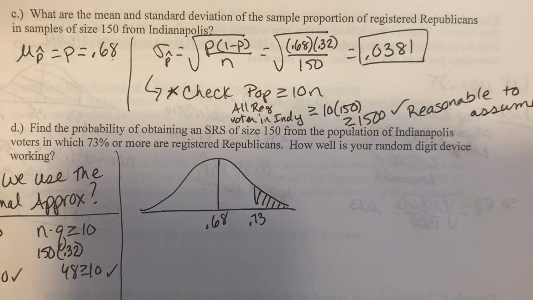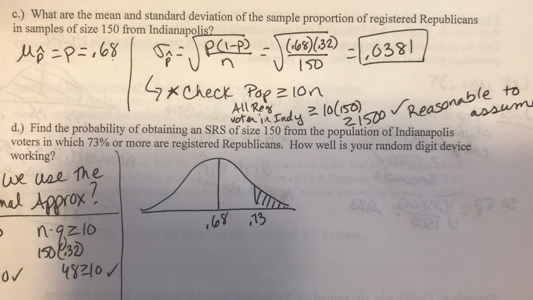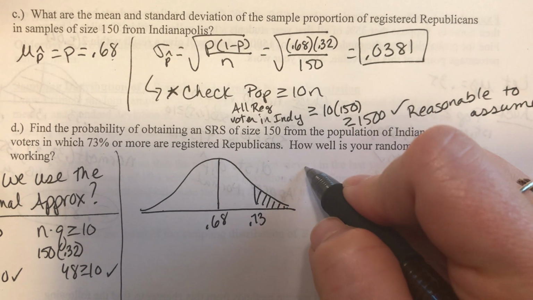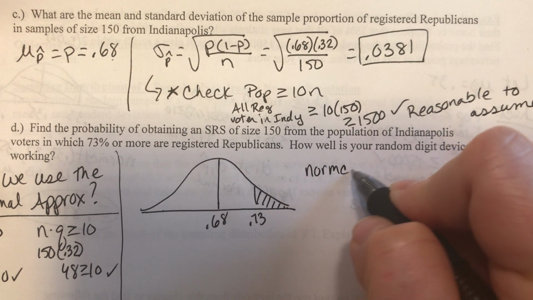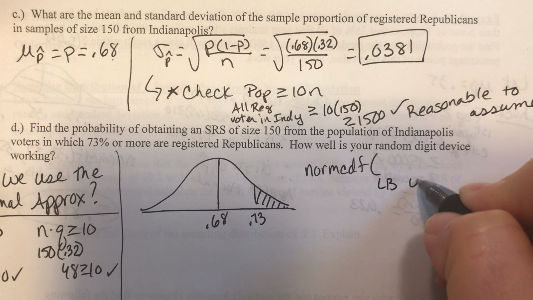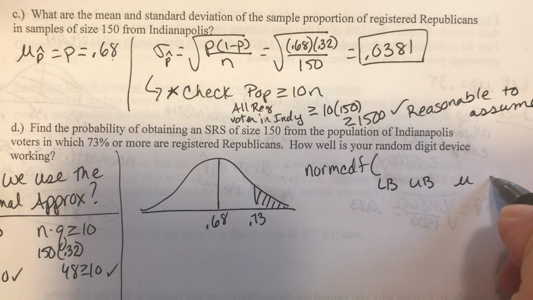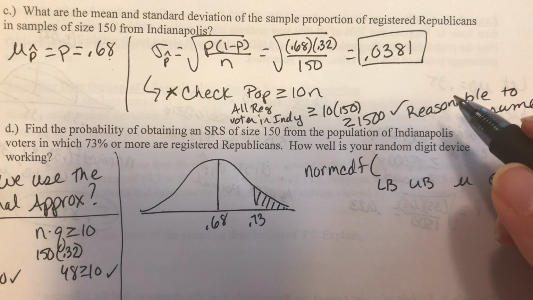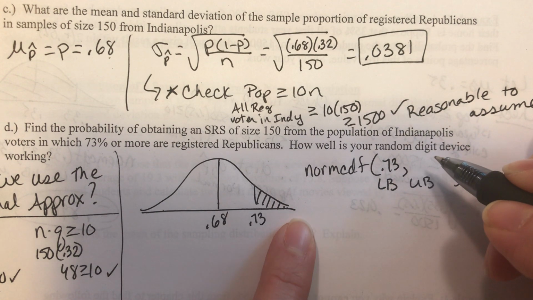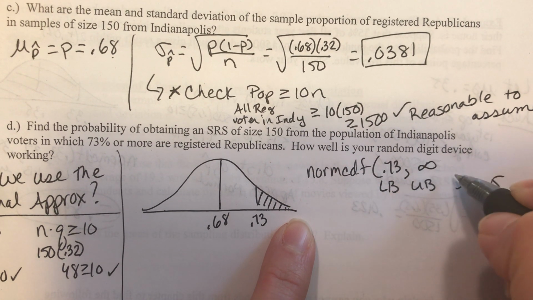We want up here. So when we look at this problem, we can use norm CDF to solve it. It goes lower bound, upper bound, mean, standard deviation. The lower bound is where the shading starts, 0.73. The upper bound is where the shading stops, infinity.